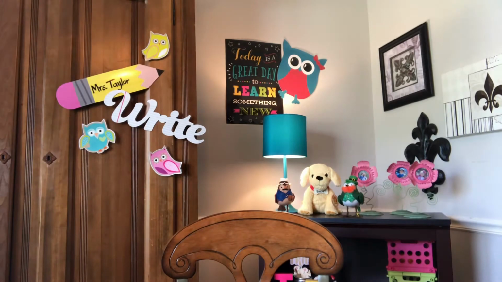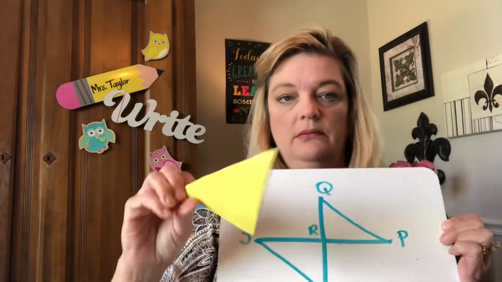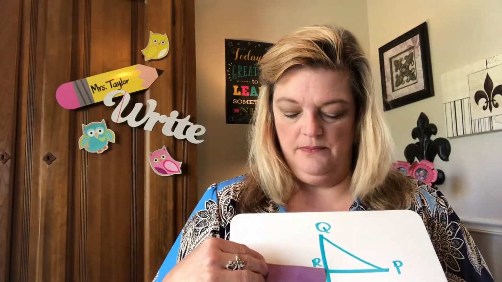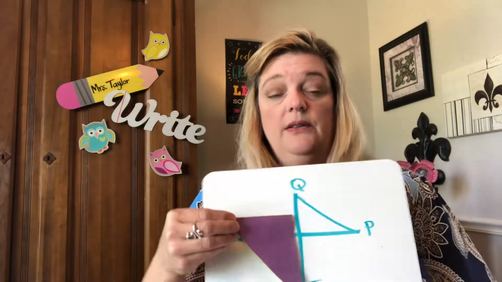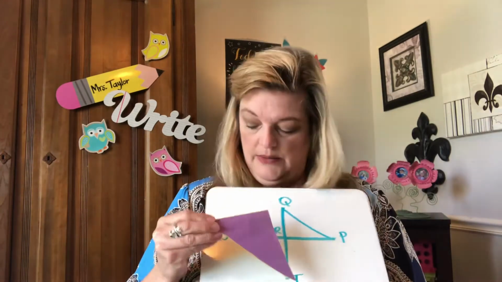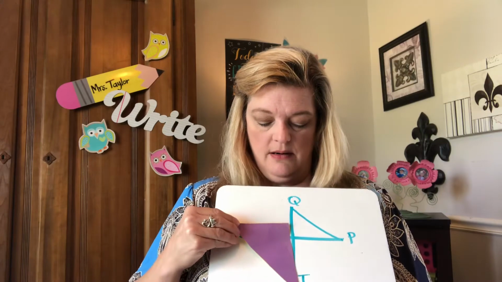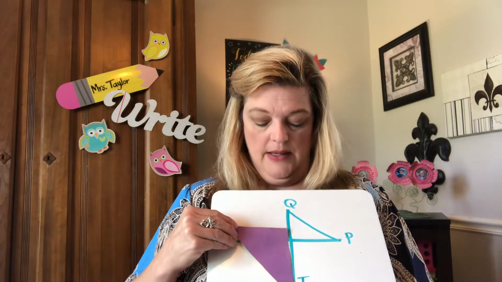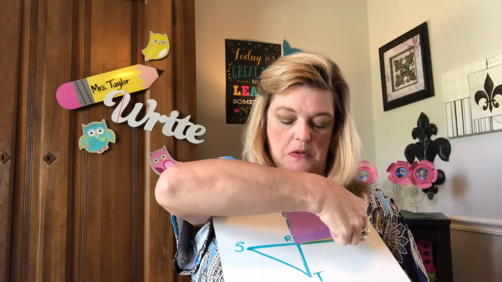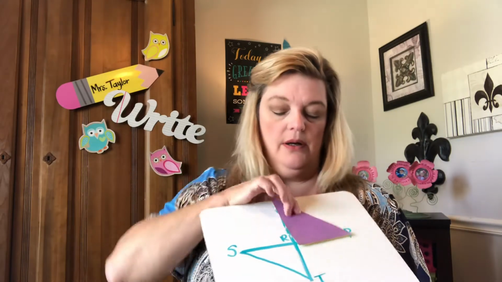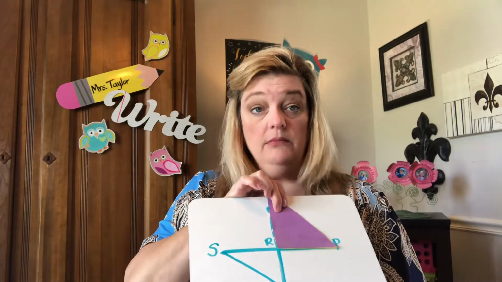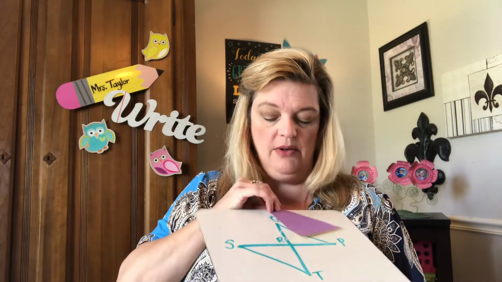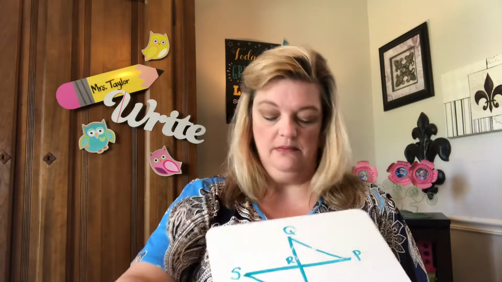Now, this is not a right angle. Well, I guess you could do like this. So here we go. Can you see this? All right, so here is triangle SRT. And then they want to know, could I rotate it? Yeah, I could, because right angle, right angle.